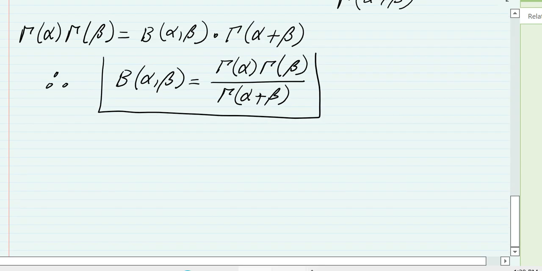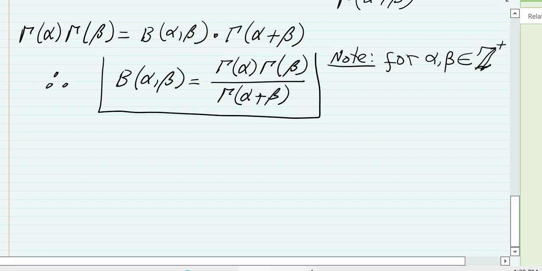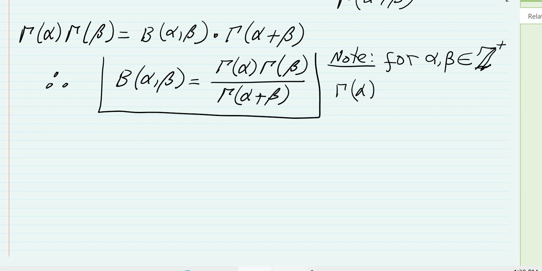So I'm going to give you a couple of examples here to see the utility of this. But one thing I want to note is that, let me just put a note here. Note, if alpha and beta are positive integers, then gamma of alpha is going to be alpha minus 1 factorial, and gamma of beta would be beta minus 1 factorial.